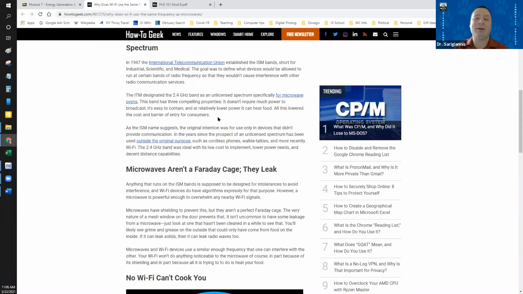That's why products like wireless phones, walkie-talkies, and now Wi-Fi, baby monitors, things like that, used the 2.4 gigahertz band, because it was an unlicensed spectrum.